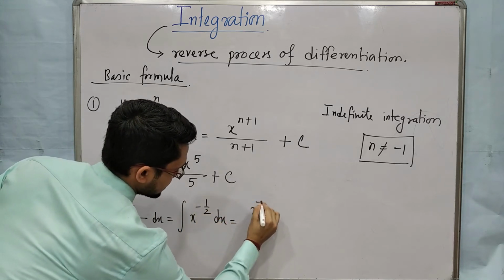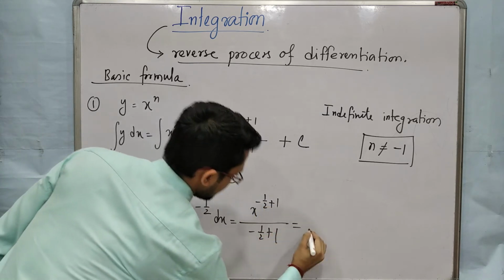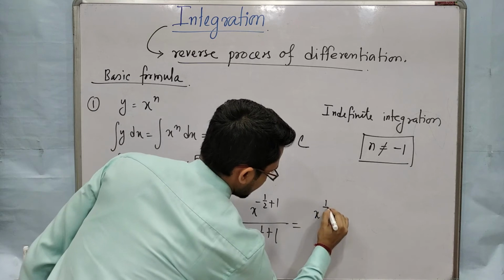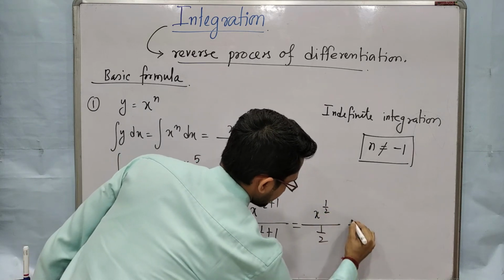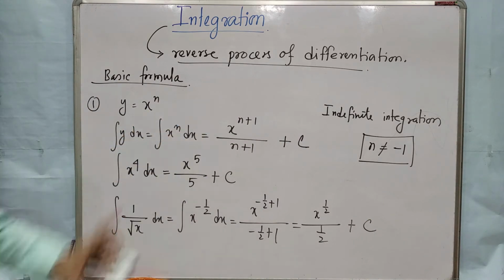Then it will be x to the power minus half plus 1 by minus half plus 1. Then you will get x to the power half by half plus c. So these all are indefinite integrals.